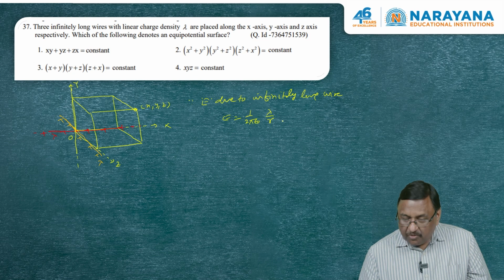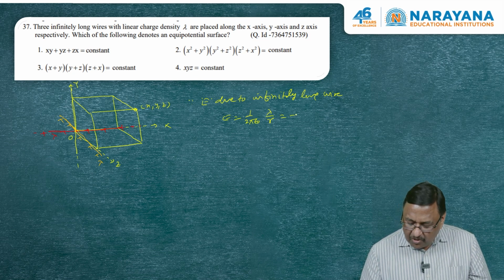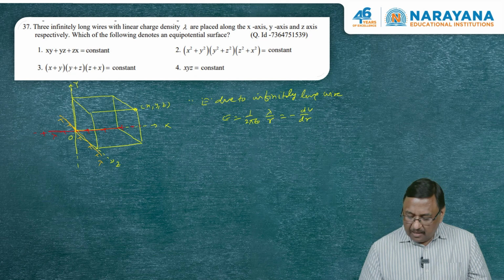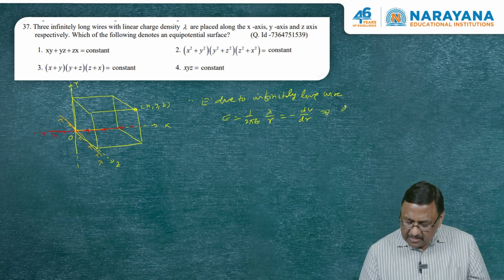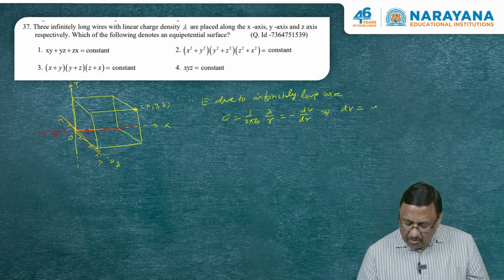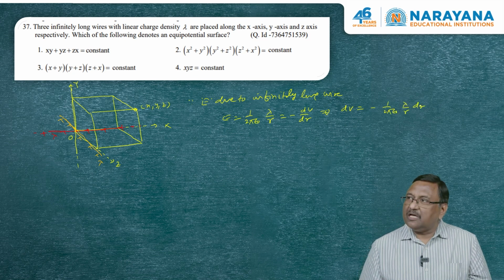Here r is the perpendicular distance from the wire, and again E is equal to minus dV upon dr. Writing from here, dV is equal to minus 1 upon 2 pi epsilon 0 into lambda upon r into dr.